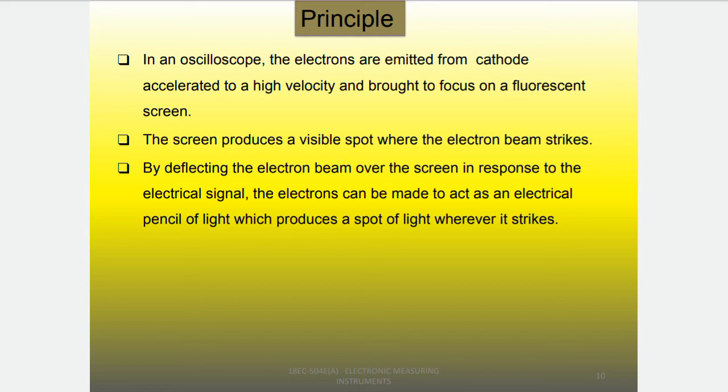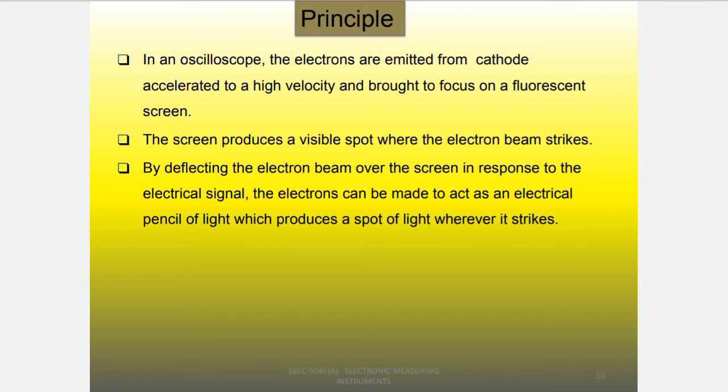By deflecting the electron beam over the screen in response to the electrical signal, the electrons can be made to act as an electrical pencil of light, which produces a spot of light wherever it strikes.